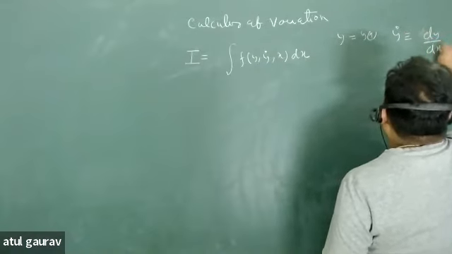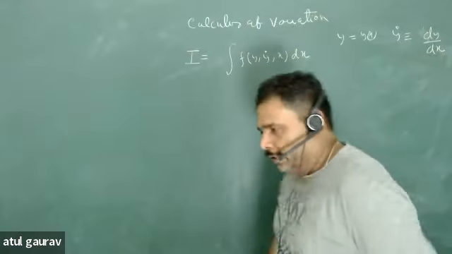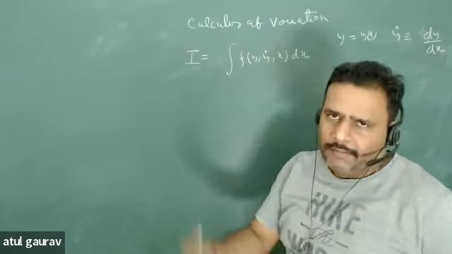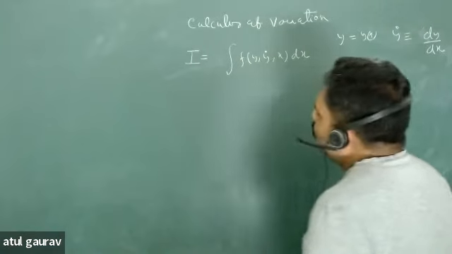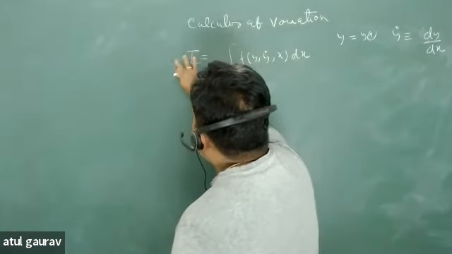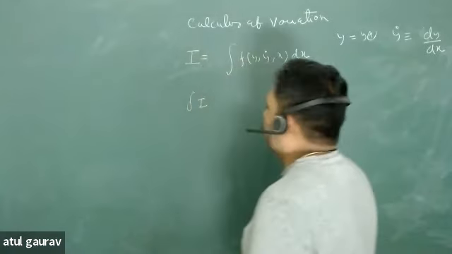I have defined it like this, so don't confuse y dot with dy upon dt. It is dy upon dx. x can be any variable, don't worry. Now, this is one integral. What I want to do is make this optimized, or extremum.